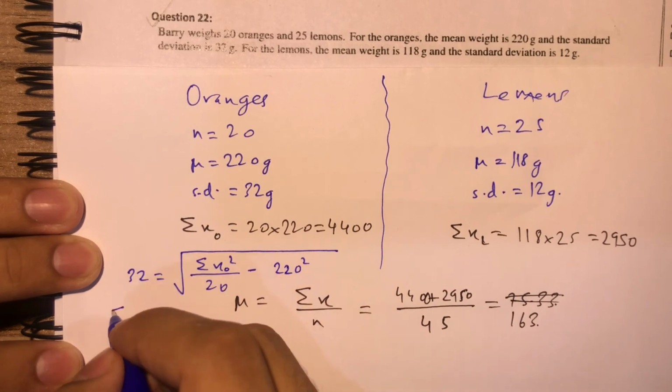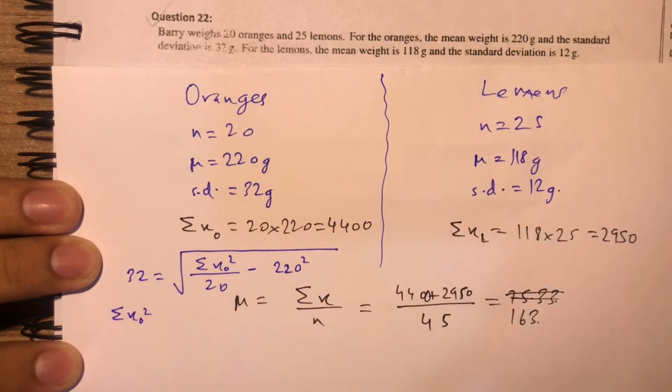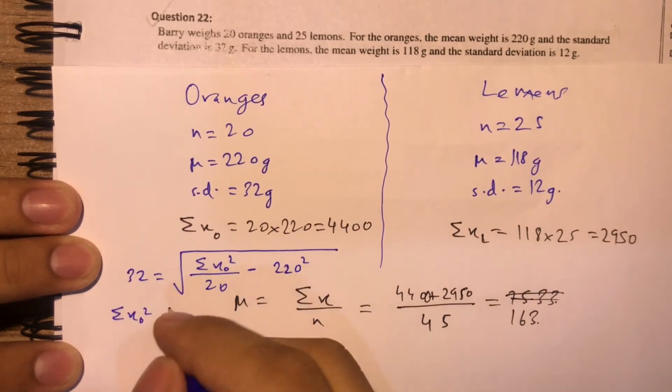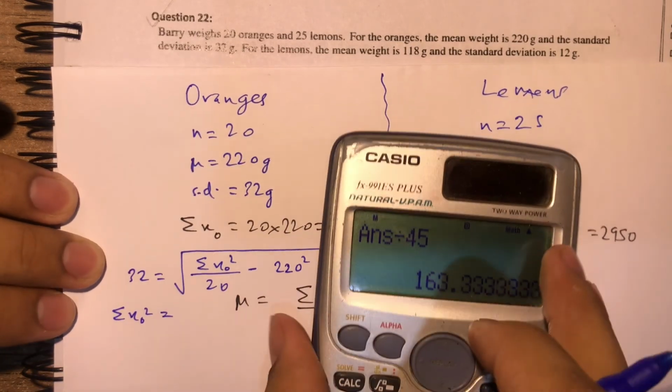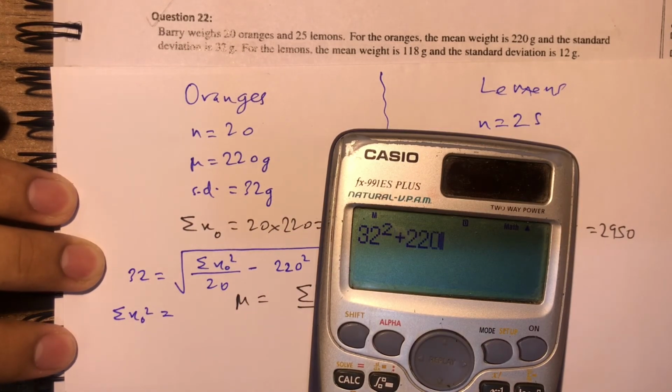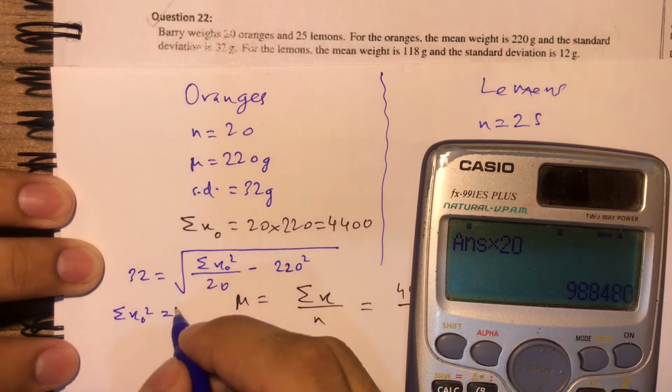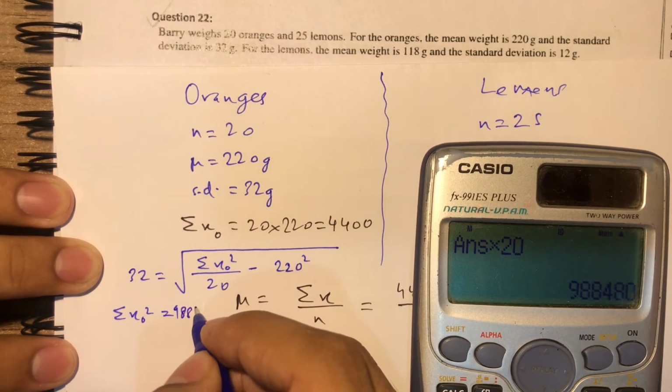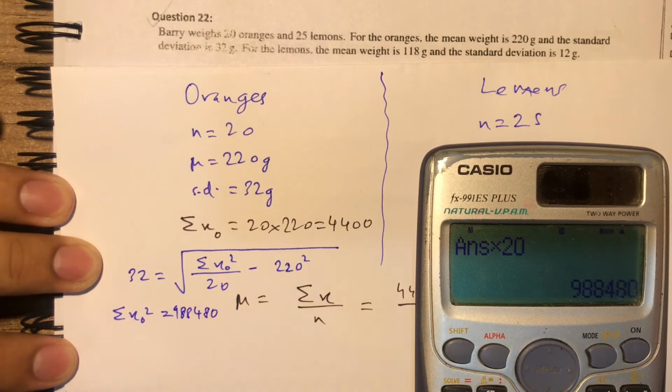From this we'll get sigma XO squared, that is (32 squared plus 220 squared) times 20. So 988,480.